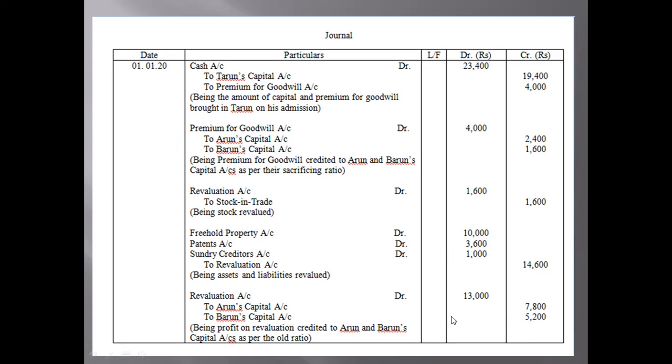This is the question, question number 46. See, we could do these three entries by passing a single journal entry. That is called a compound entry. But you will not understand right now, so it is better that we pass them separately. If you have any questions, please message.